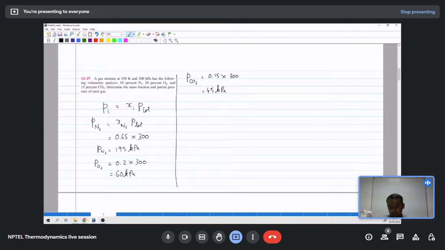Now we need to determine the mass fraction. So mass fraction Yi is given as molecular weight of I by molecular weight of mixture into Xi.